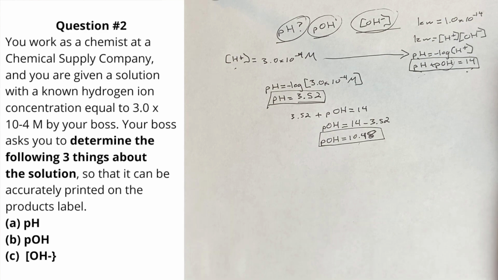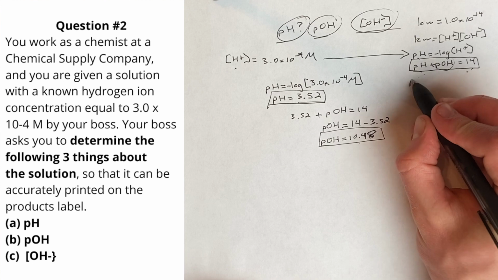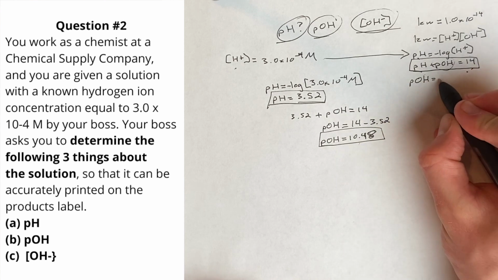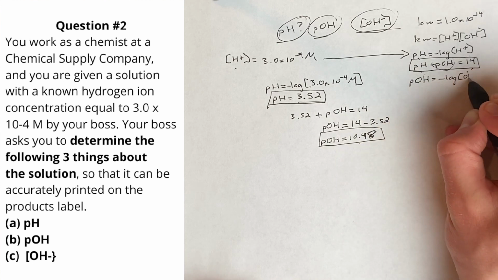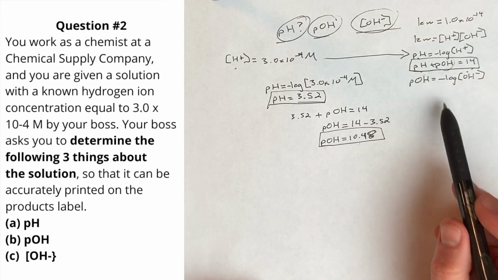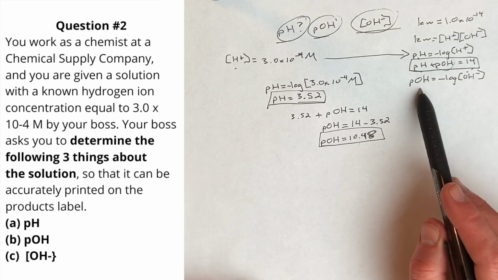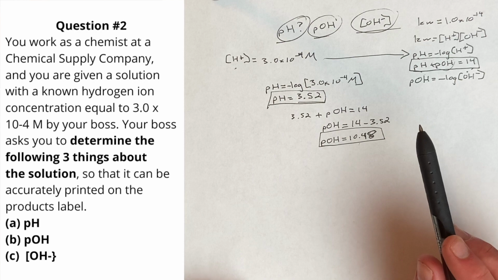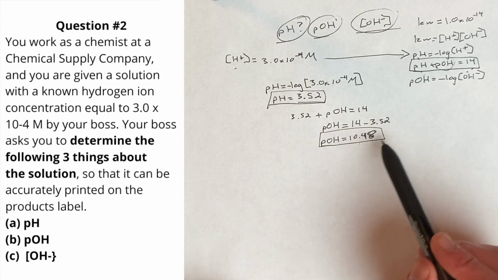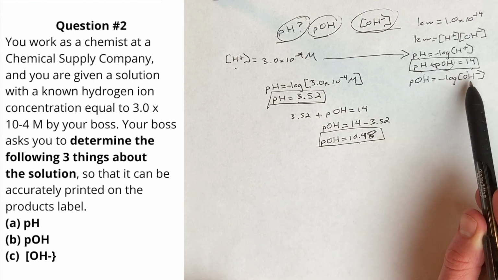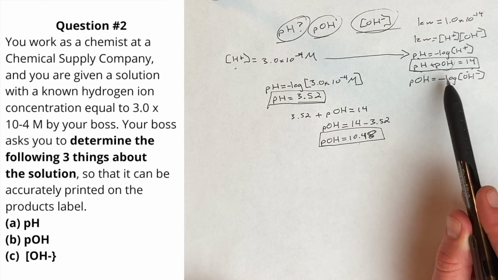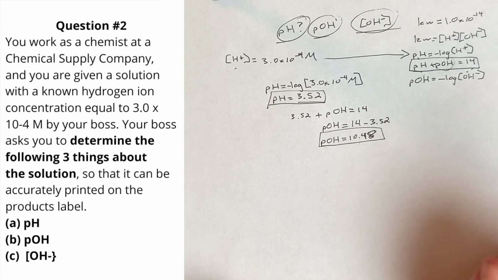So there's a couple ways you could do this. There's another formula you guys have where the pOH is equal to the negative log of the hydroxide ion concentration. Now, we haven't really looked at rearranging this equation using the opposite of a log, but you can do that. You can plug this in here, solve for hydroxide ion concentration using the little e to the power of to cancel out the logs and blah, blah, blah.